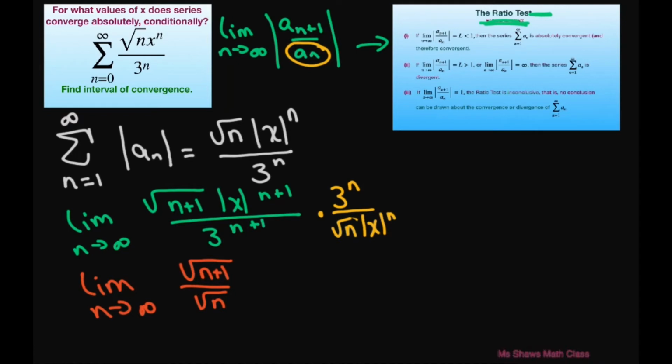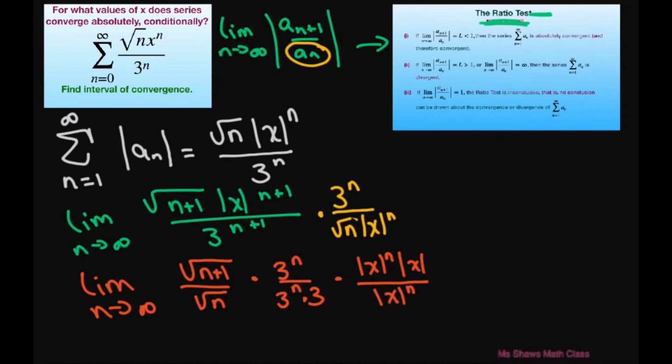And then we're going to multiply this by 3 to the power of n, divided by 3 to the power of n times 3. Times the absolute value of x to the power of n times the absolute value of x, divided by the absolute value of x to the power of n.